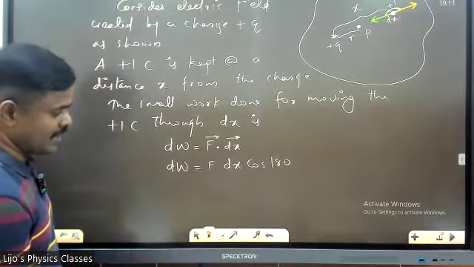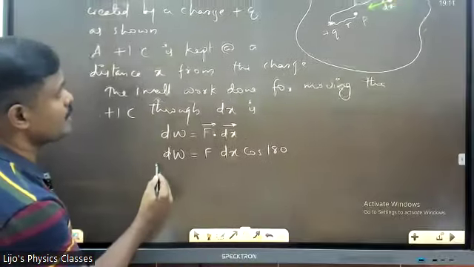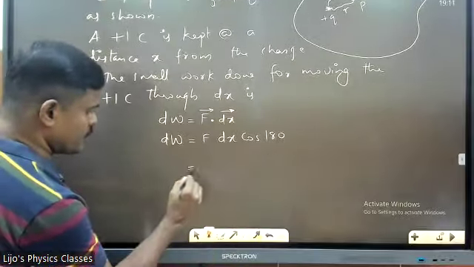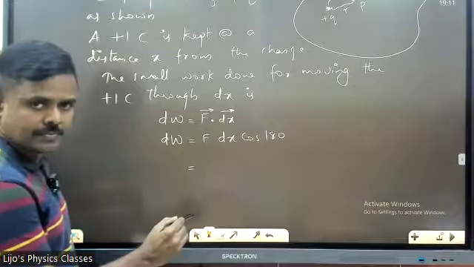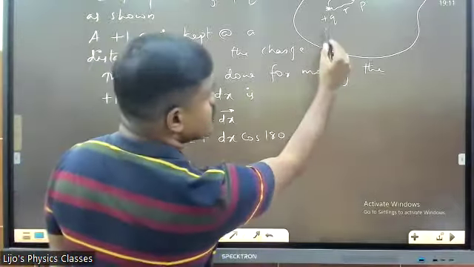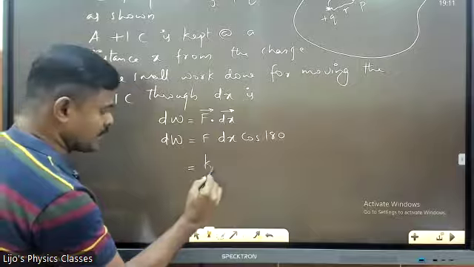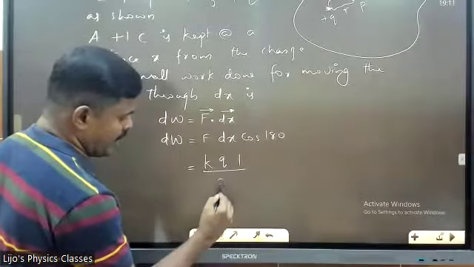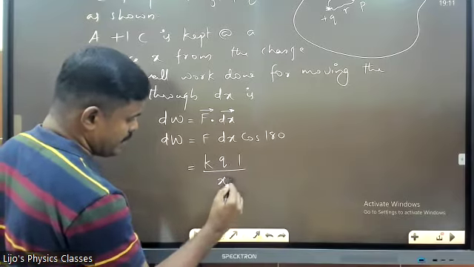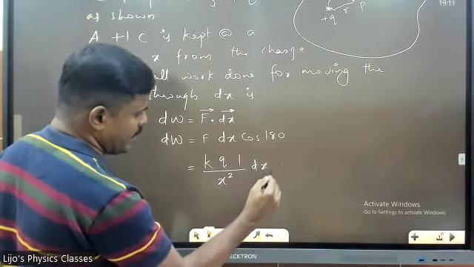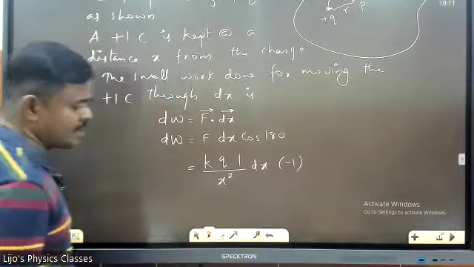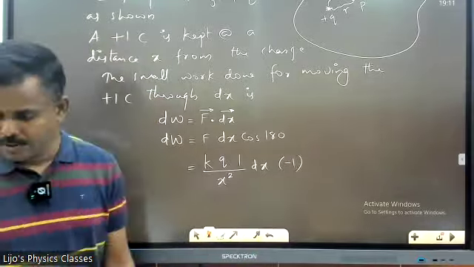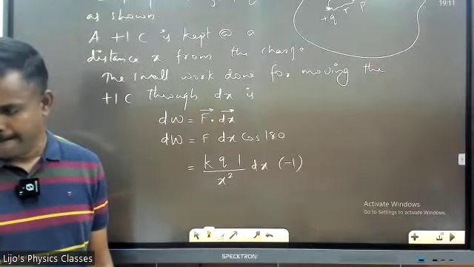F dx cos 180. Now let us keep going. What is the force value? You have to use Coulomb's law, right? K into Q, first charge is Q, into second charge 1, by x square, into dx into cos 180, which is minus 1.